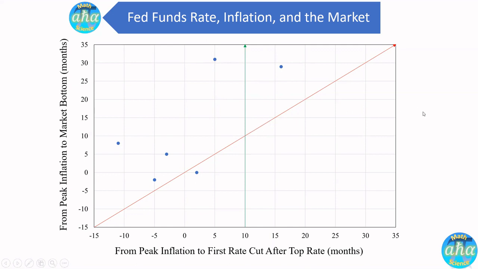So in conclusion, it's not likely that the market low we saw in October 2022, which is just 4 months after the inflation has peaked, is the low for this bear market. So probably we still have to wait some time for the low to be in. That will be the main take-home message for this video.